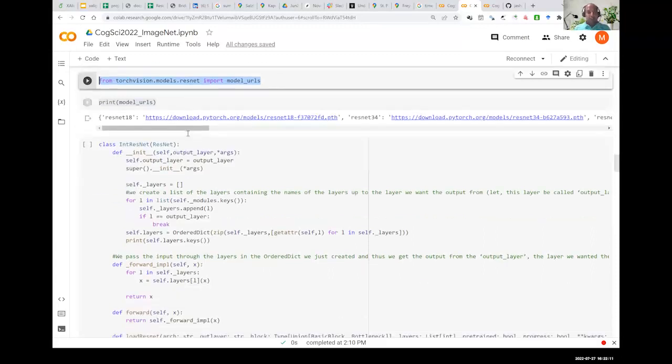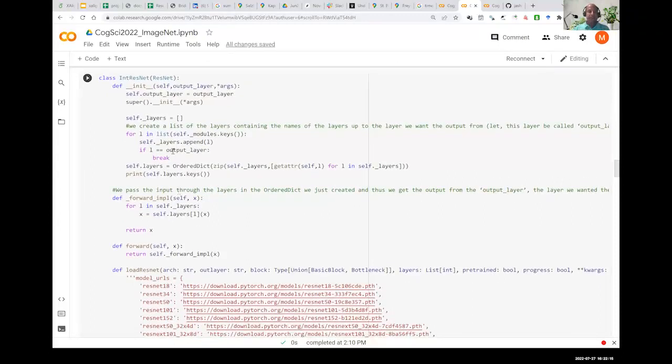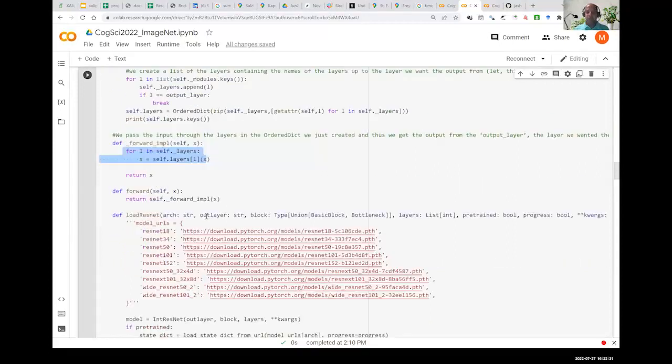Okay. So once you have that, there's this initialization which is defining various kinds of layers. And then there's the forward pass, which is taking each of these layers and creating the entire architecture of the ResNet model and implementing the forward pass.